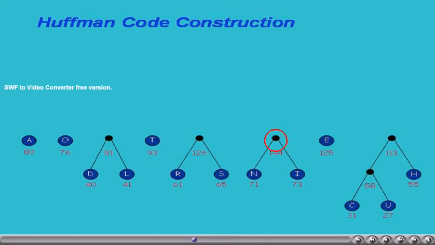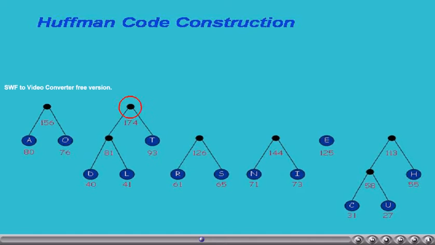Now the next two smallest, 71 and 73, are added, resulting in a new node with frequency 144. Now the next two smallest nodes, A and O, whose frequencies are 80 and 76, are added, giving a resultant node with frequency 156.